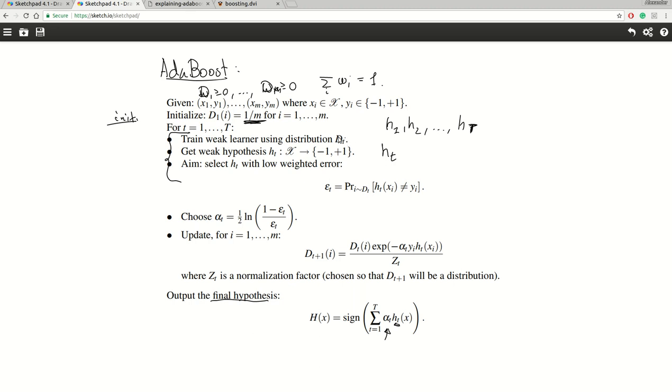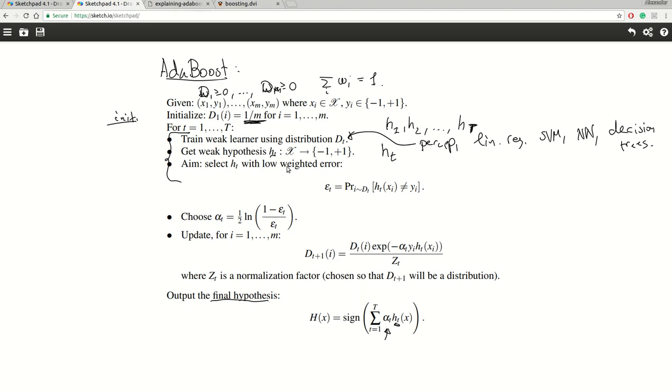Then we train a hypothesis using this, and we could use any algorithm to do this. We could use the perceptron, linear regression, logistic regression, support vector machines, neural networks. In practice, it works pretty well if you use decision trees. So typically one uses decision trees.